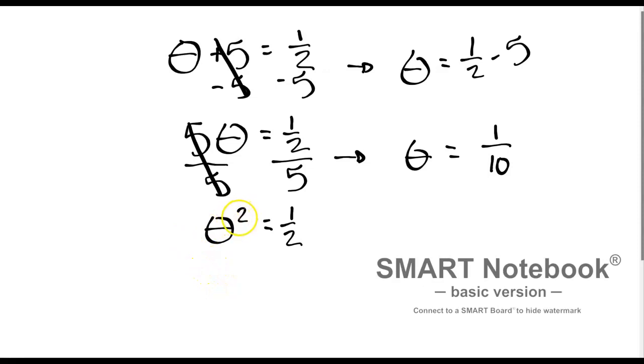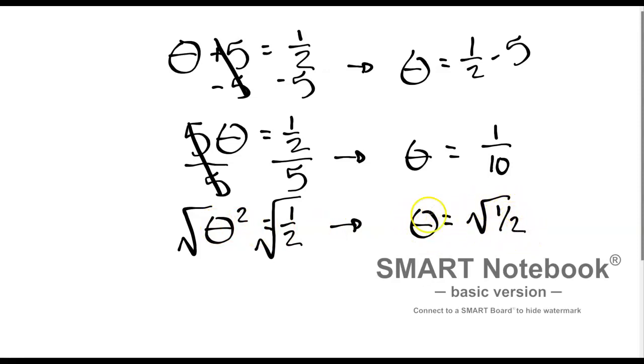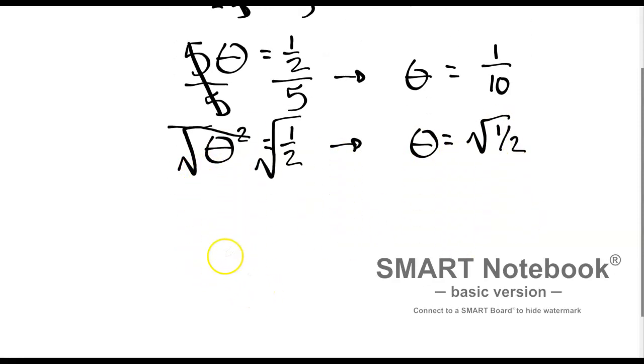If you know that the opposite of a square is square root, in very simple terms, we'd have theta equals the square root of half. So this would cancel with this. This concept of inverse, inverse operations that cancel each other, is very powerful in all your algebra classes. So what about this case?